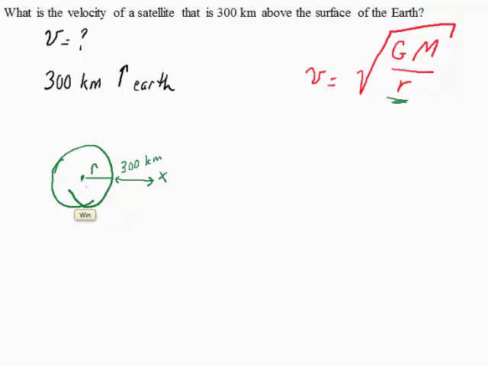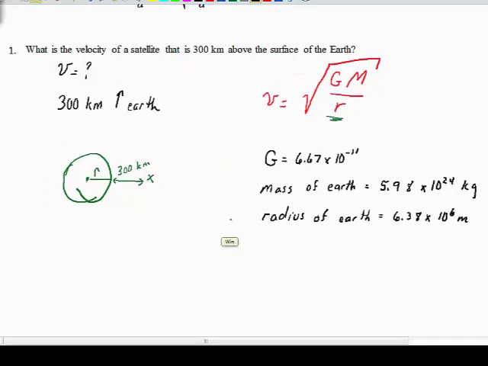So let me write down the information that we had to get from somewhere else, not from the problem. These 3 pieces of information are given to us in another location, but they're going to help us solve this. This radius of the Earth we're going to have to add to 300 kilometers. But note, this is in kilometers, and this over here is in meters. So I have to change 300 kilometers to meters.